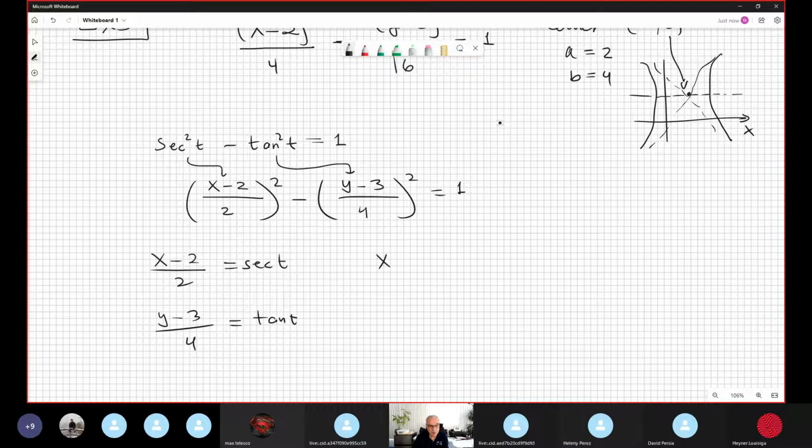Therefore, x is equal to 2 secant t plus 2, and y is 4 tangent t plus 3.